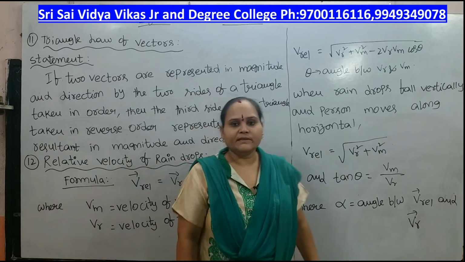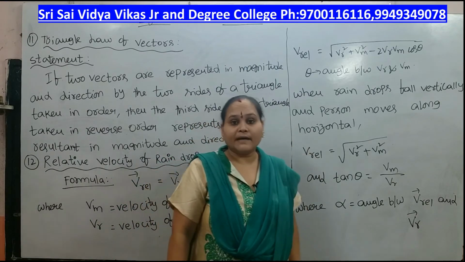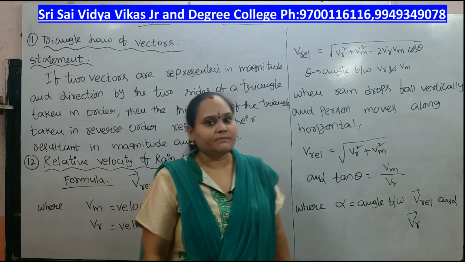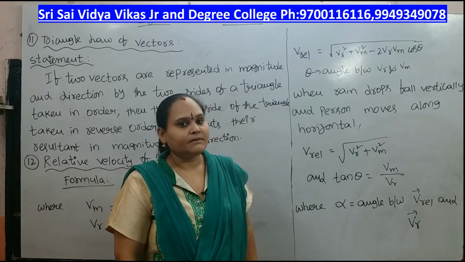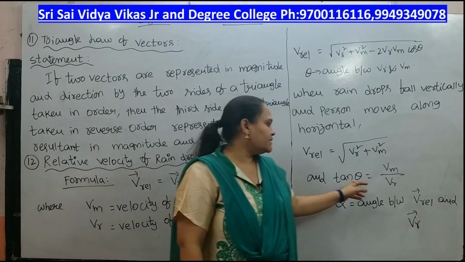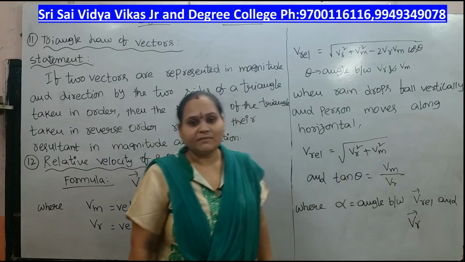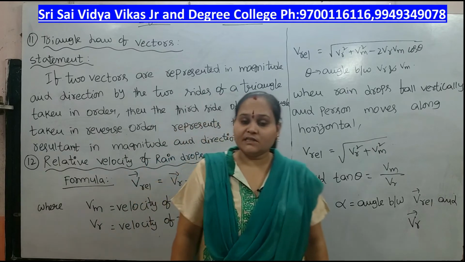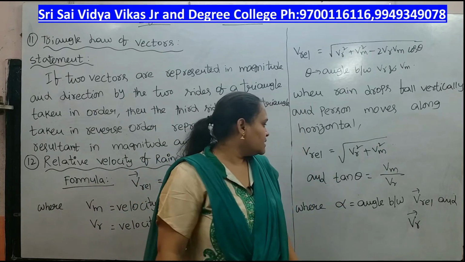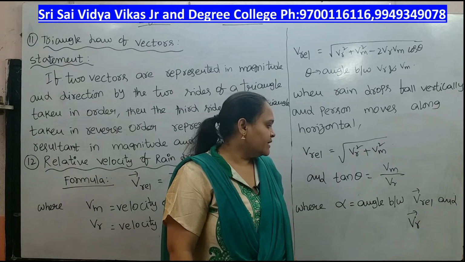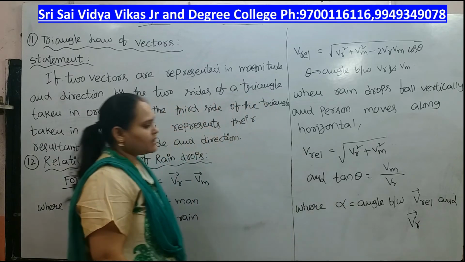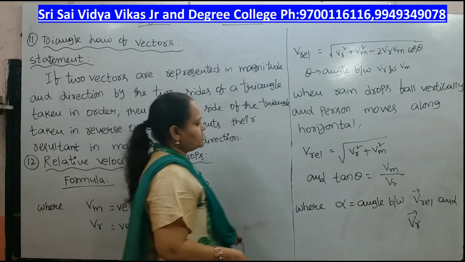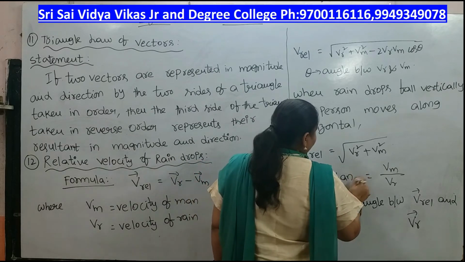And tan theta, which in the parallelogram case we take as B sin theta by A plus B cos theta, in this case tan alpha will be equal to the velocity of the man divided by the velocity of the rain, where alpha is the angle between V relative and V_R. Okay, here we are taking not theta, but alpha.